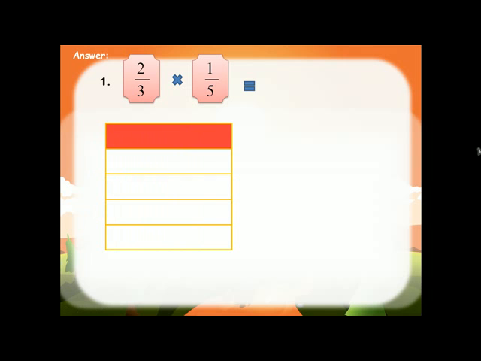I will show you how to solve this problem in a simple way. But first, we must understand the meaning of multiplication here. We can use an illustration like this.